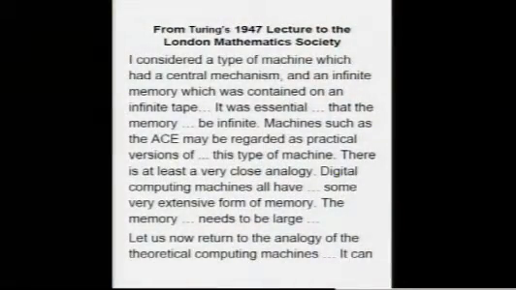The war was over, and Turing was dead set on building a real computer which would approximate universality as much as possible. He called the machine the ACE, for Automatic Computing Engine, and he wrote a report.